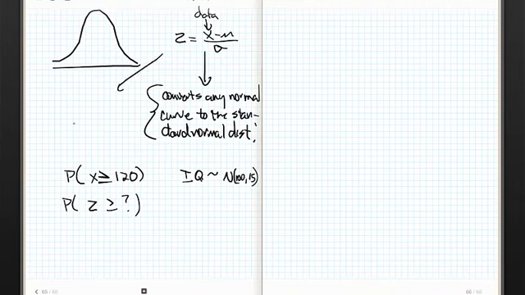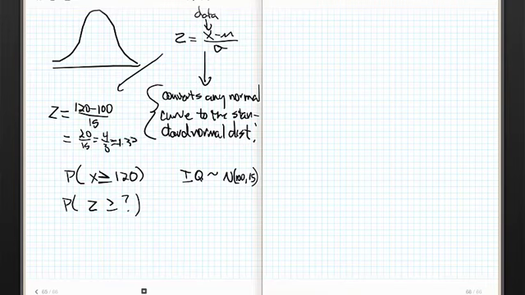I know that the Z value, the number of standard deviations away from the mean for a person with an IQ of 120, is going to be 120 minus 100 divided by 15. So this is going to be 20/15, or 4/3, approximately equal to 1.33.